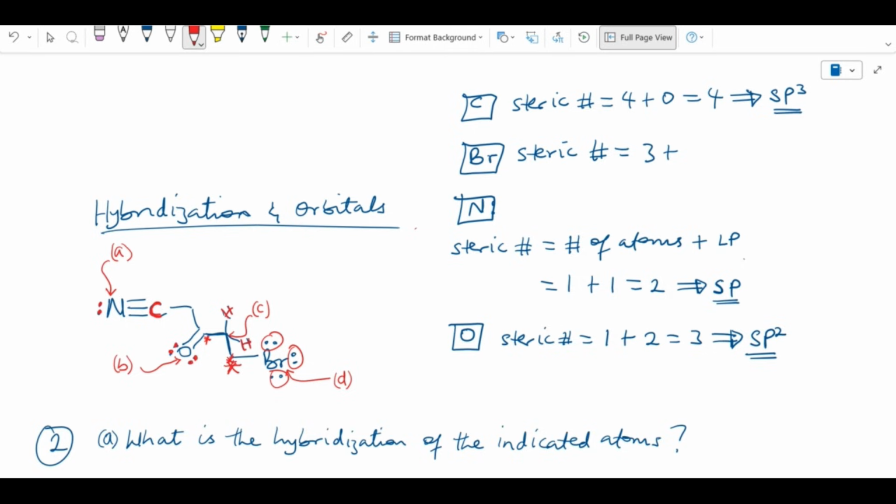Just 1, one carbon. So you're going to have 3 plus 1, which is equal to 4. Of the 4, s always gets 1, and then the remaining 3 go to p. So you're going to have sp3 hybridization for that particular bromine.